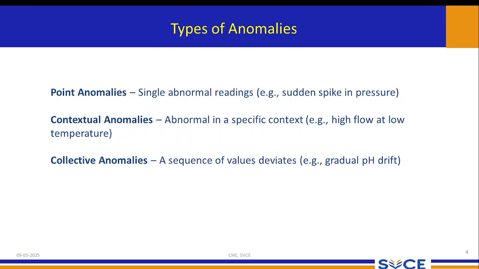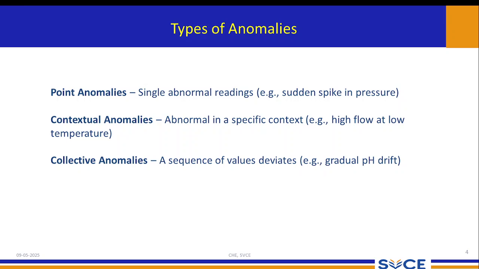It is a single parameter determination. If there is a sudden change in values, that type of outlier is called a point anomaly.